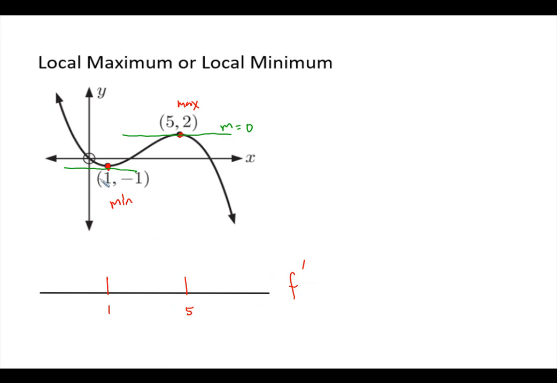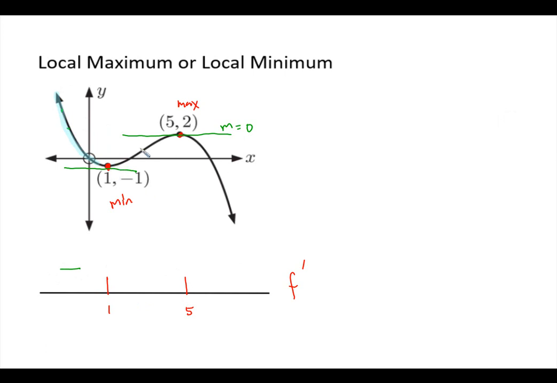Now, think of all the tangent lines at these points. Over here, when the graph is decreasing, the tangent lines all have negative slope. So to the left of 1, the sign diagram would be negative.